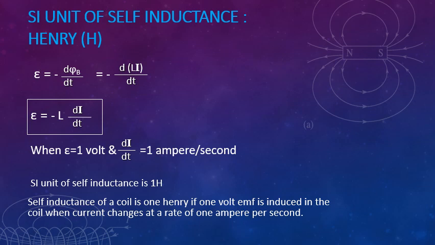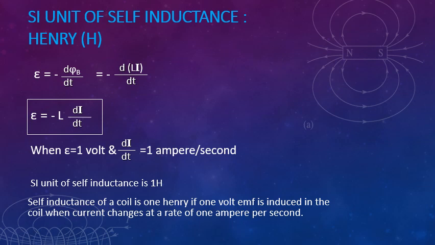The induced EMF in the coil is given by E is equal to minus d phi B by dt, that is equal to minus d by dt of Li, where phi B is equal to Li, or E is equal to minus L into di by dt.